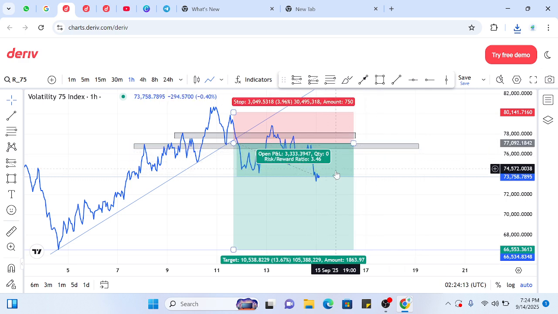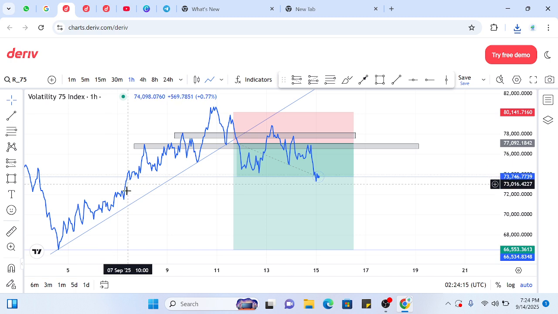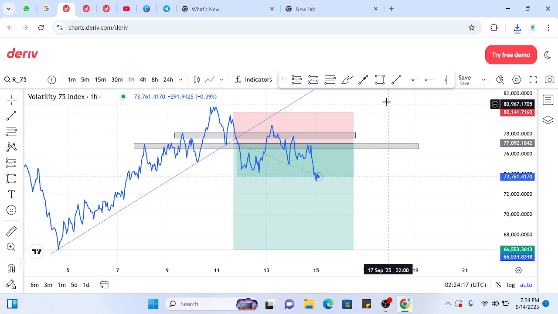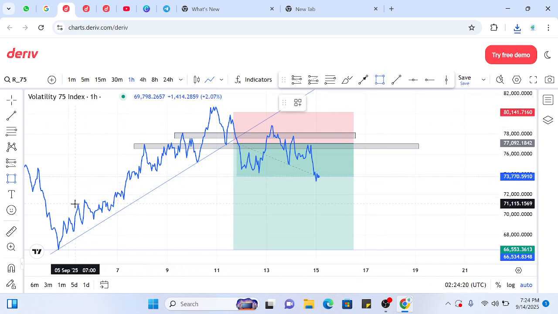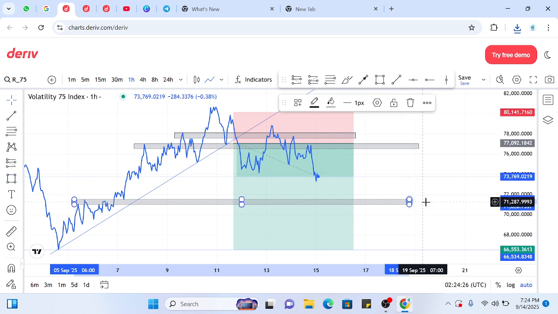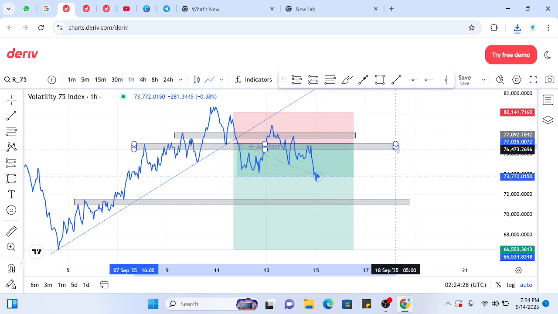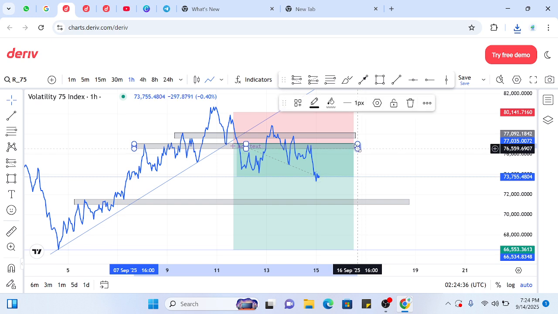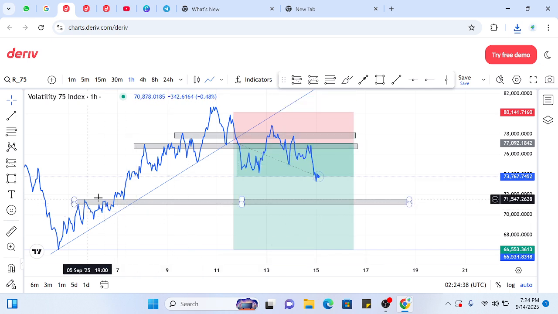Don't mind, I'm taking it that far. We have this area here also. So we have this area also. And this area. Basically, these are the levels I'll mark.